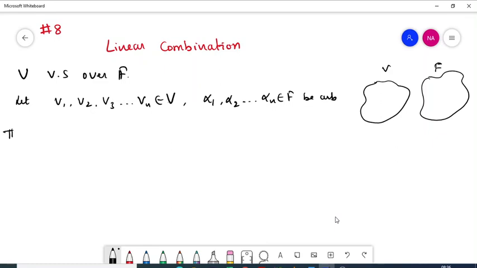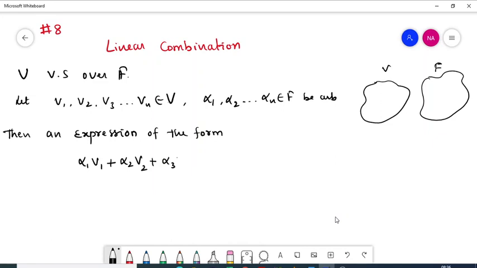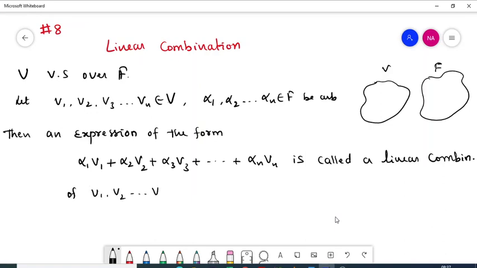Then an expression of the form alpha 1 V1 plus alpha 2 V2 plus alpha 3 V3 plus and so on alpha n Vn is called a linear combination of V1, V2 and so on Vn.